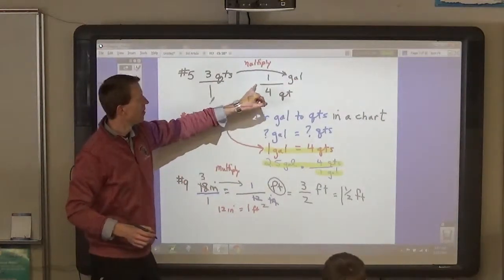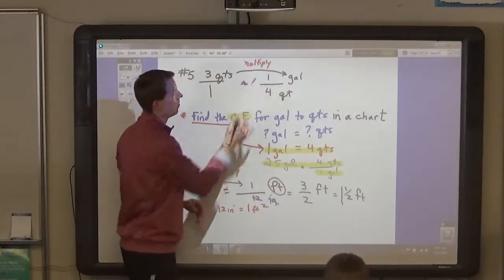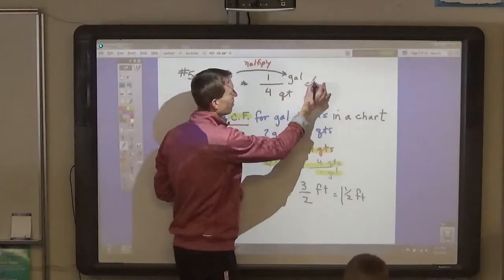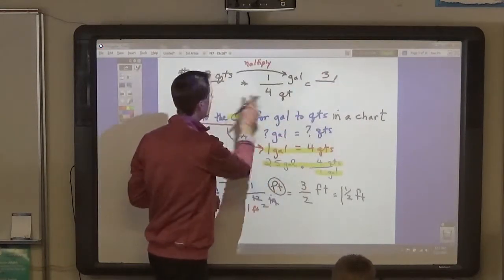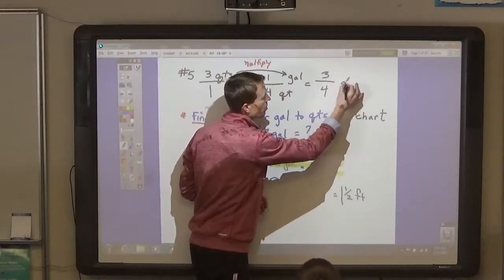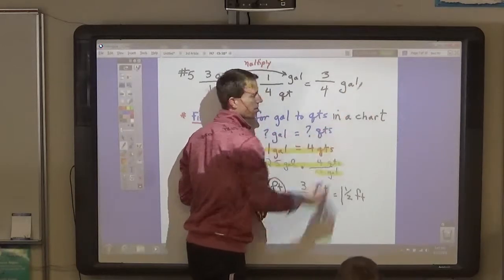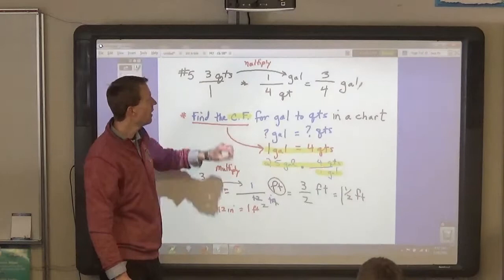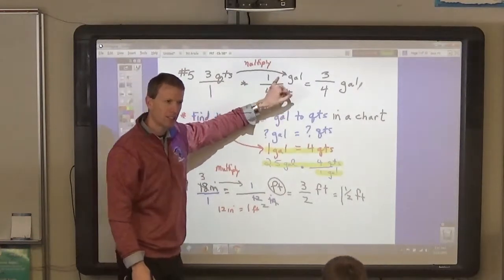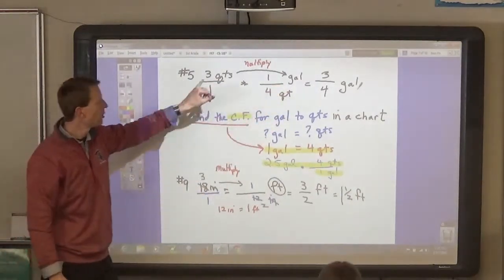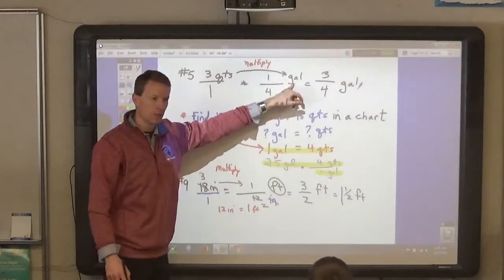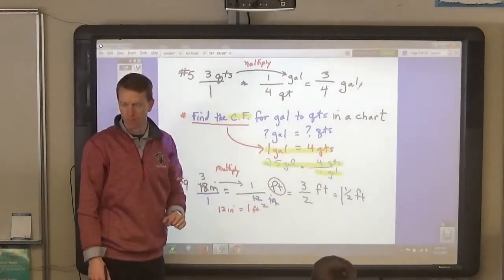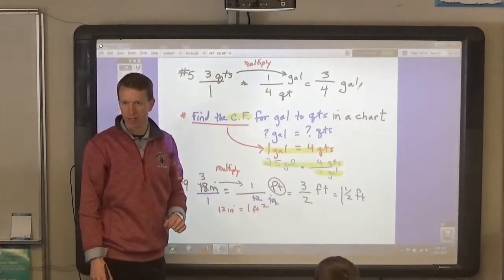And multiply that. 3 times 1 is 3. 1 times 4 is 4. So it's 3/4 gallons. Okay? The hardest part of this is just setting it up, but it's really just figuring out what you're going to, and then find the ratio that compares the two.